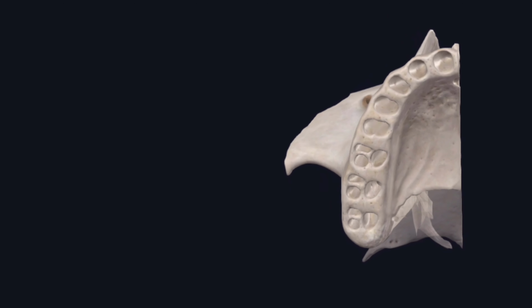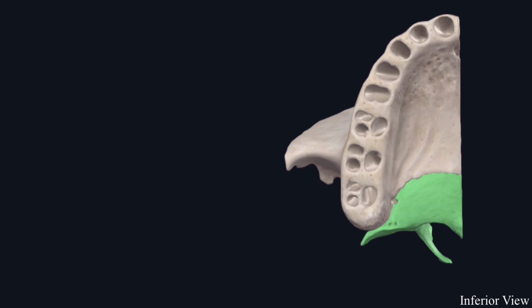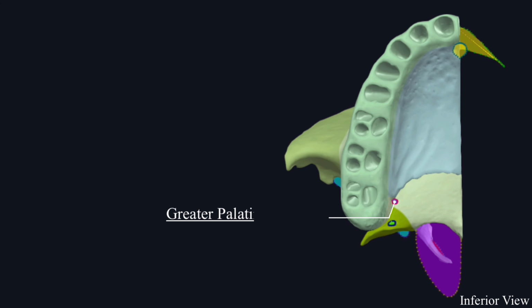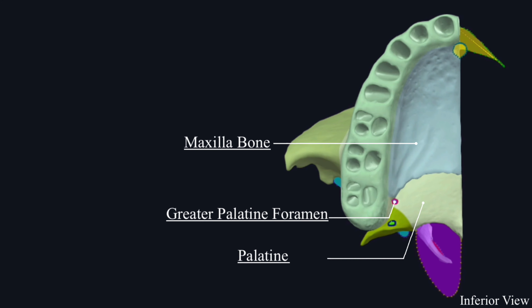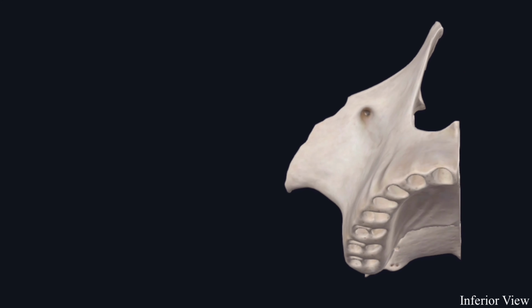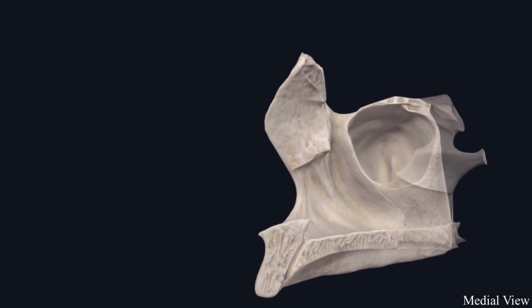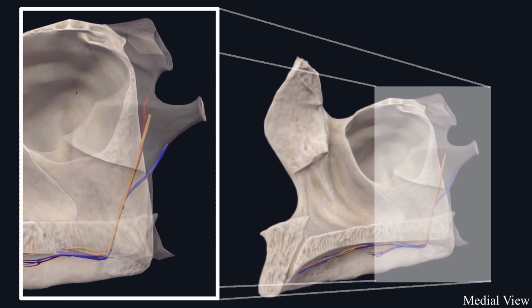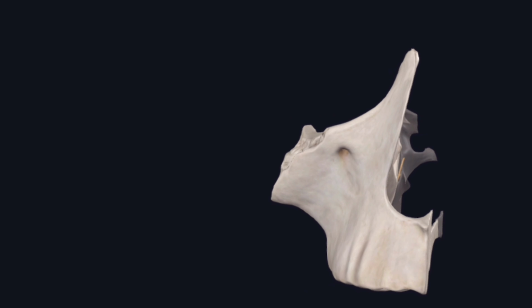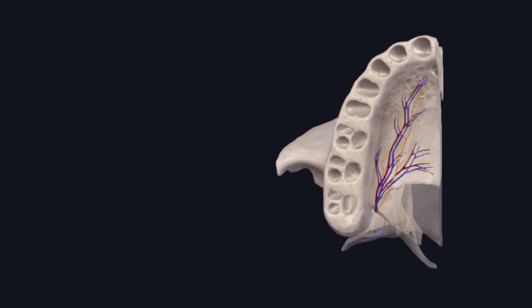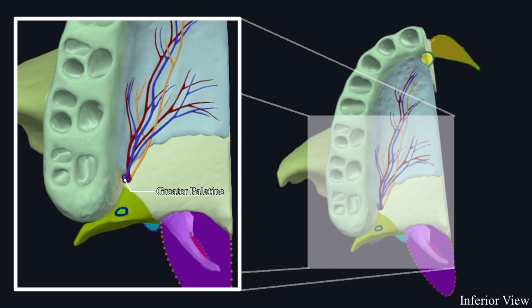This greater palatine canal ends on the inferior side at the greater palatine foramen. This is the greater palatine foramen present between the maxilla and the palatine bone. And in the greater palatine canal pass greater palatine vessels and nerve, exiting at the inferior side via the greater palatine foramen.